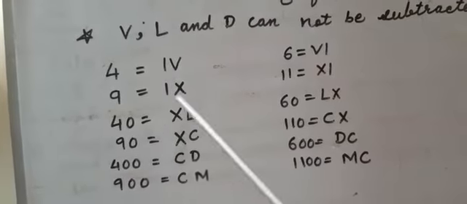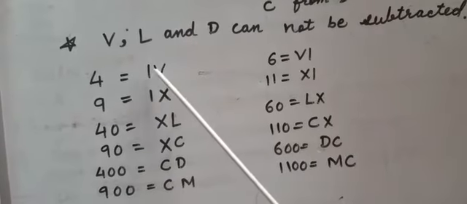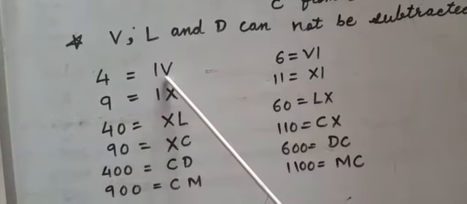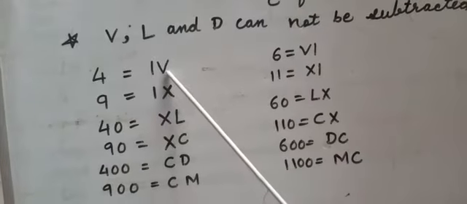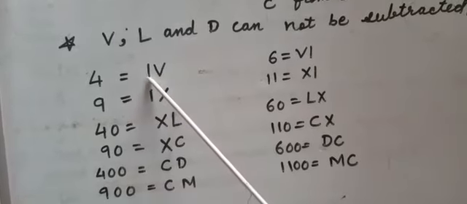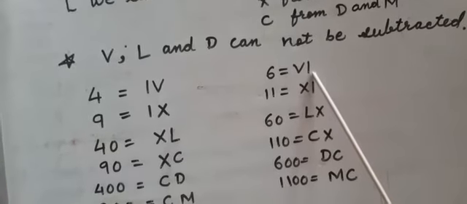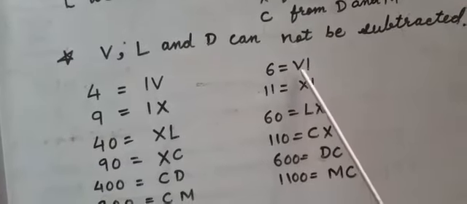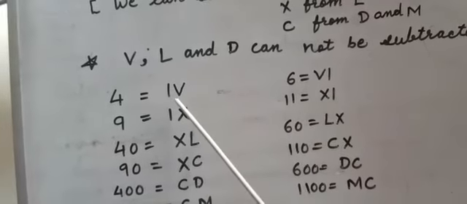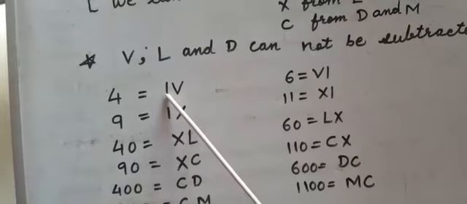But children always get confused between these two numbers, like it is IV. Here I is written before V, so we have subtracted. The value of V is 5. 5 में से 1 subtract किया है क्योंकि V के पहले I लिखा है और यहाँ पर V के बाद में I लिखा है. हमने फर्स्ट रूल देखा था कि कोई स्मॉलर वैल्यू ग्रेटर वैल्यू के बाद में लिखेंगे तो वो ऐड होगी, और सेकंड अभी जो रूल देखा है, अगर ग्रेटर वैल्यू के सामने स्मॉलर वैल्यू लिखी है तो सब्ट्रैक्ट होगा.